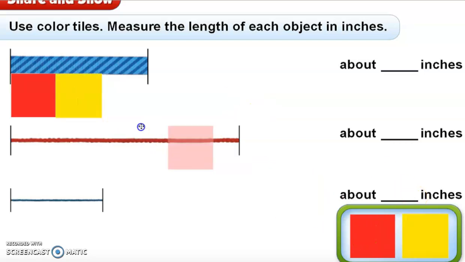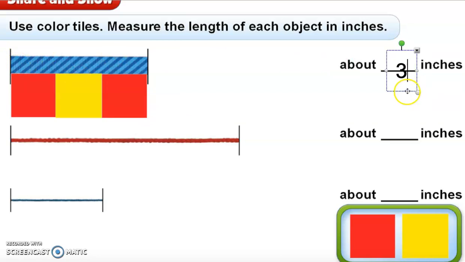Once we get to the very end of the object, we should know how many inches the object is. This first one, we used 1, 2, 3 color tiles. If each color tile is 1 inch, then this object is 3 inches long. So we're going to put 3 inches for that one.